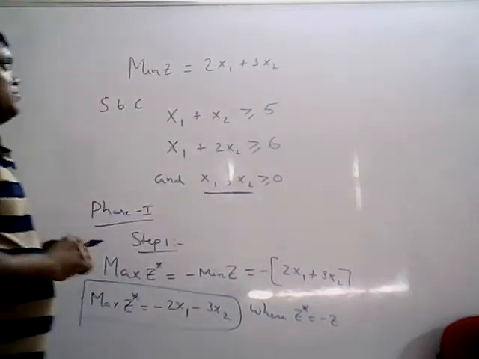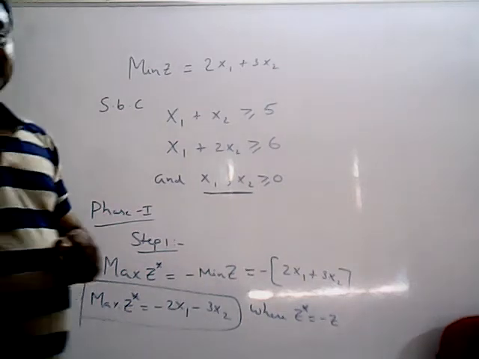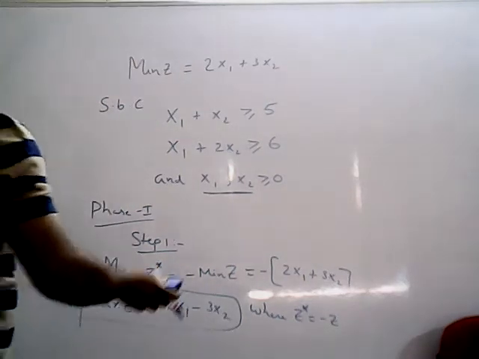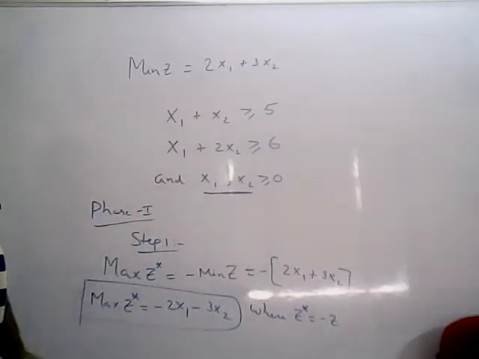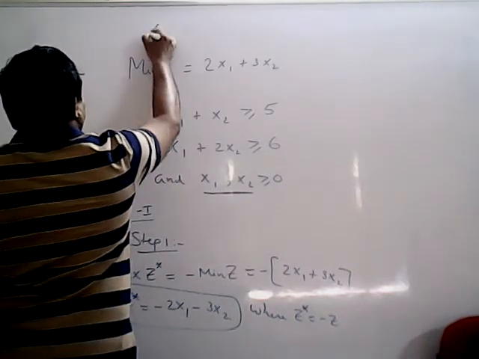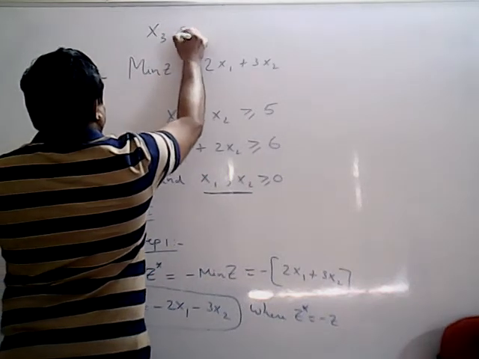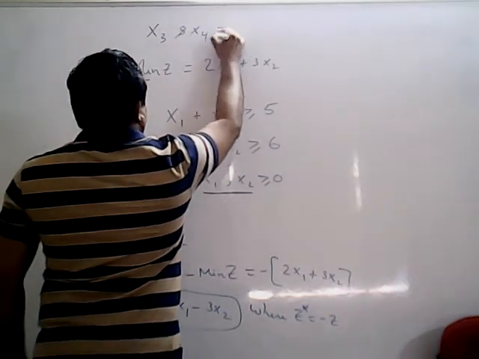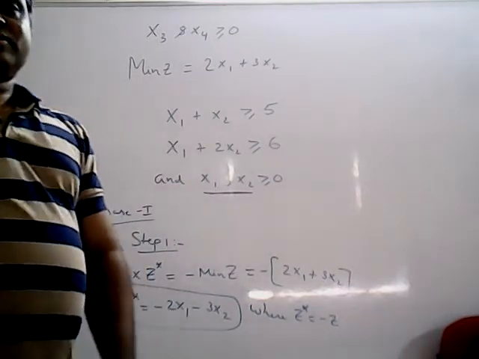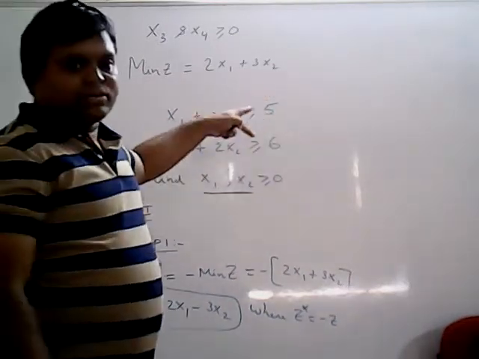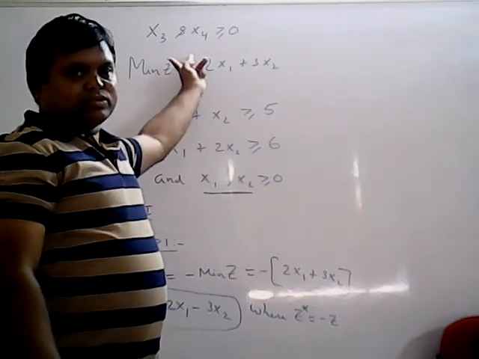Okay, right. Step number 3: introduce the surplus variables x3 and x4 greater than or equal to 0, because 2 greater than or equal to constraints are there, so you require 2 surplus variables.